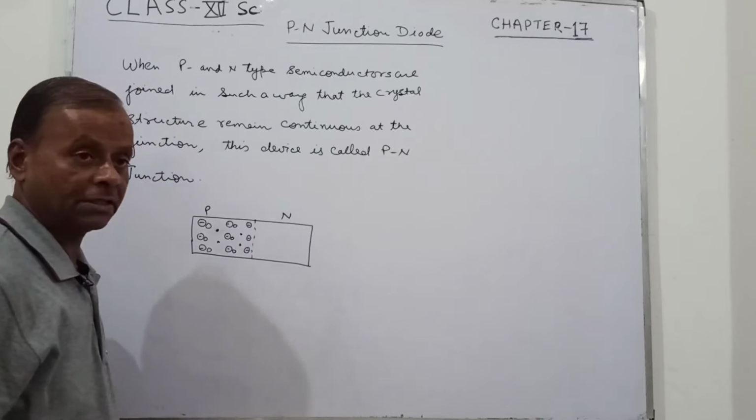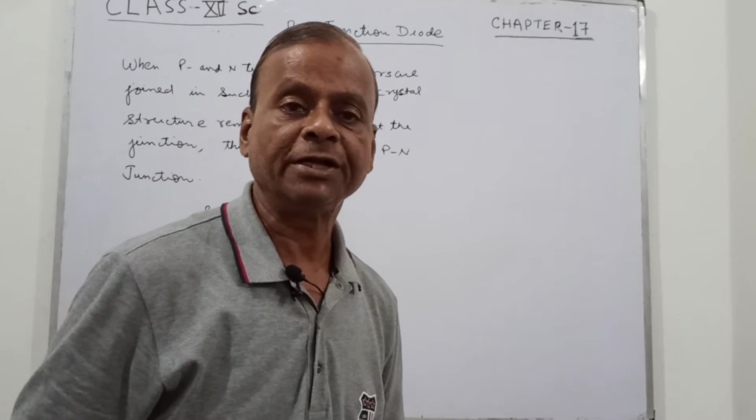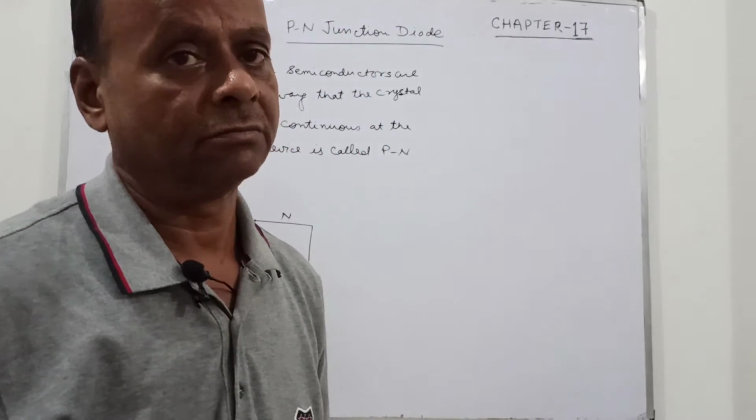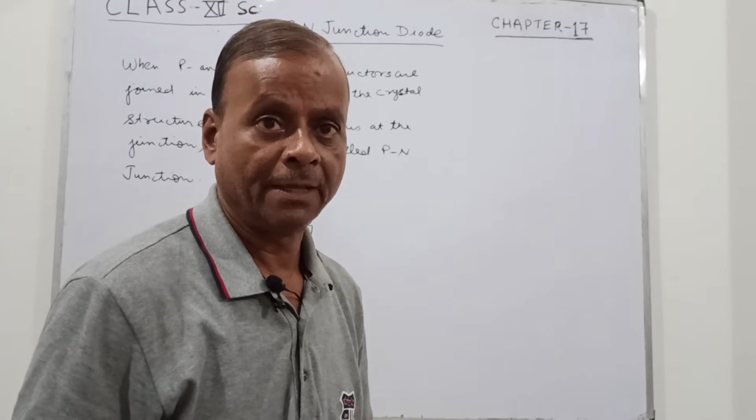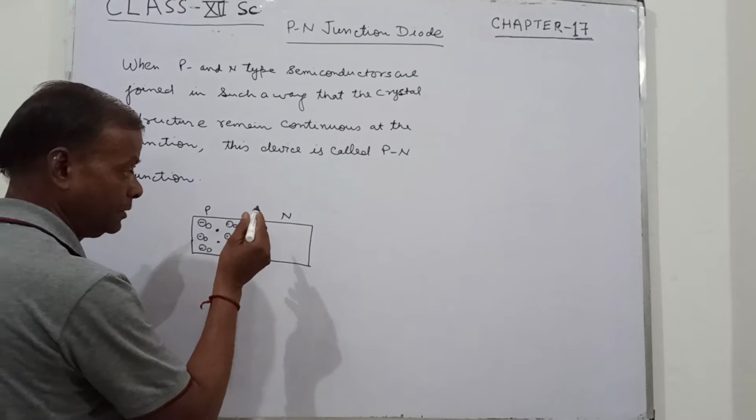Here in the N type semiconductor, they donate the electrons, so the impurity atoms are positively charged, and since the electron is given by them, they are the donor type of impurities.